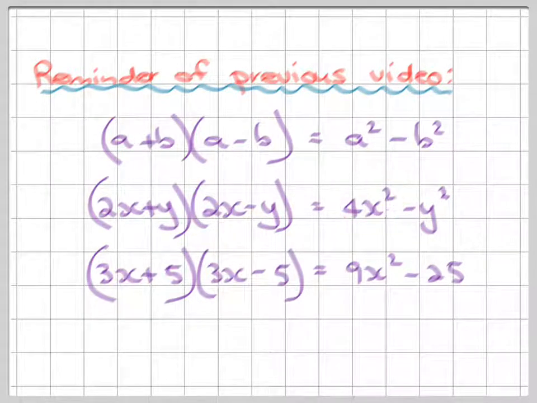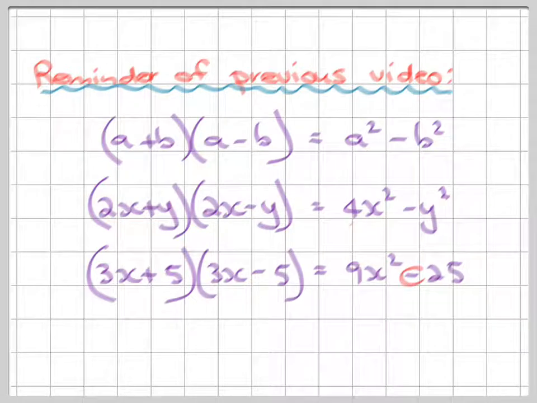So the square root of 4 is 2. So there we have our 2's, okay? And the square root of x squared is x. So there's the x's, minus the square root of y squared is y and y. So it's 2x plus y, 2x minus y is the way that we factorize the difference of the squares here.